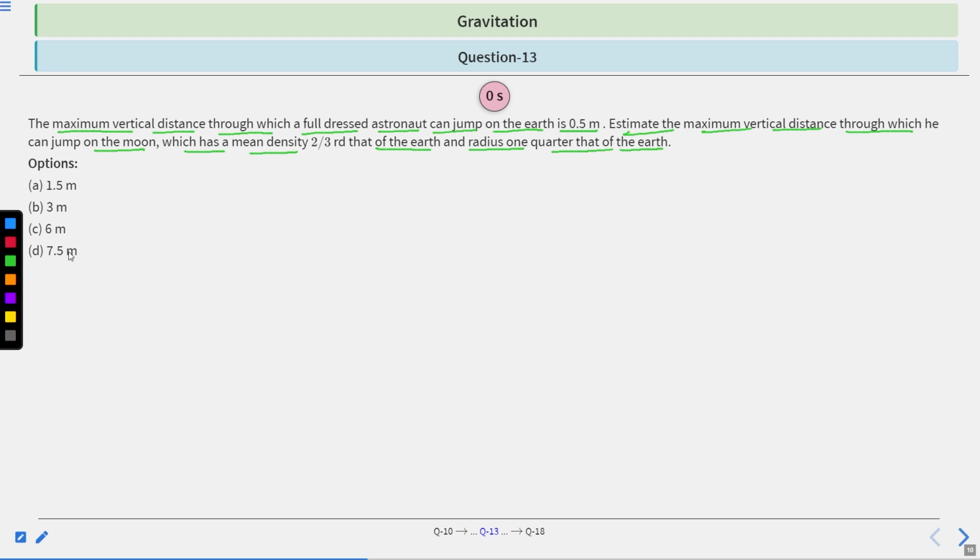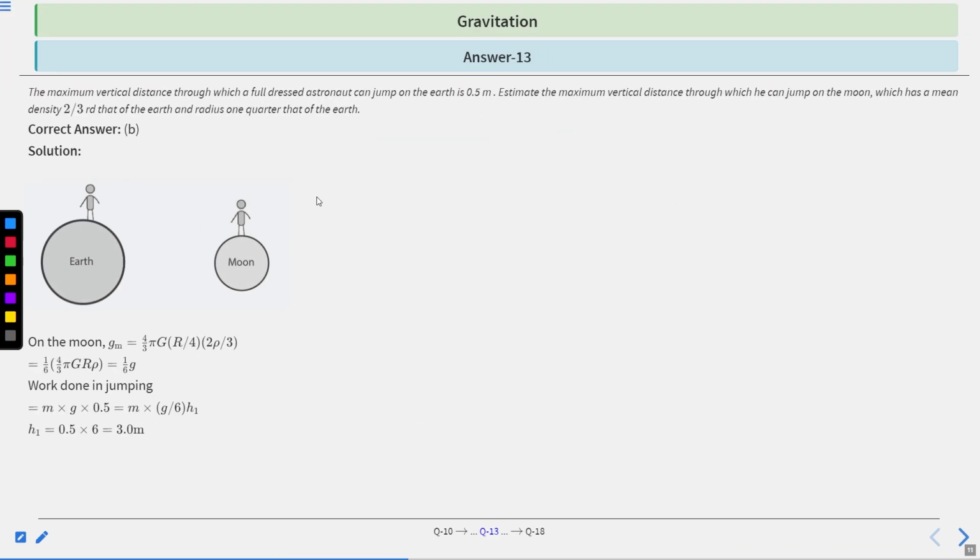Let's find a solution. So, according to the question, this is the earth and this is the moon. Suppose. Clear? The maximum vertical distance through which a fully dressed astronaut can jump on the earth is 0.5 meter. We have to calculate the maximum vertical distance through which he can jump on the moon, which has a mean density two-third that of the earth and radius one quarter that of the earth.